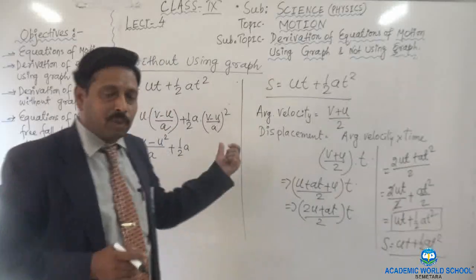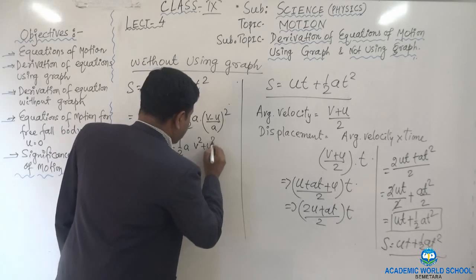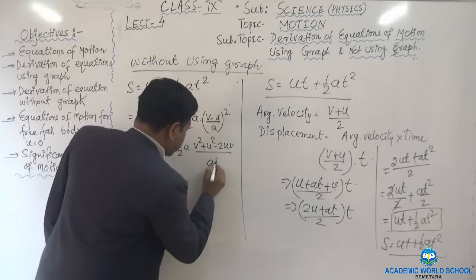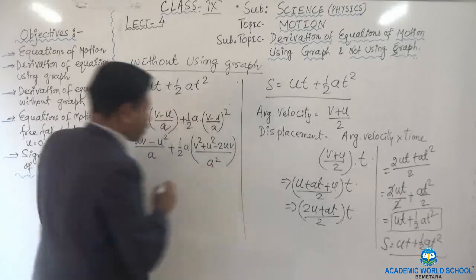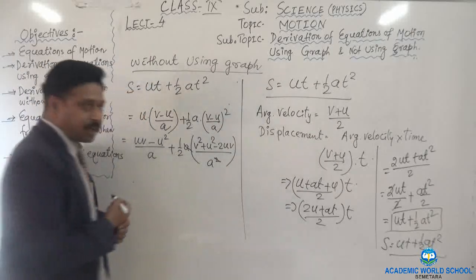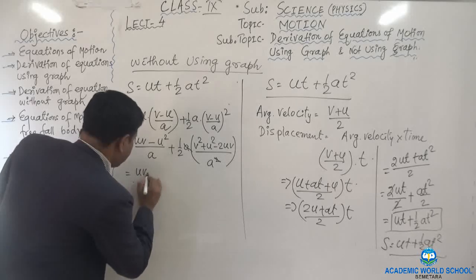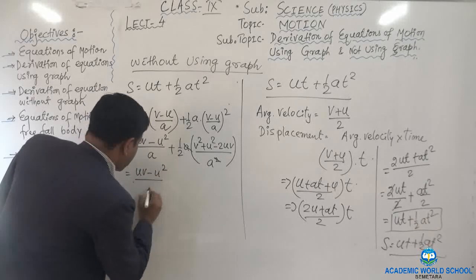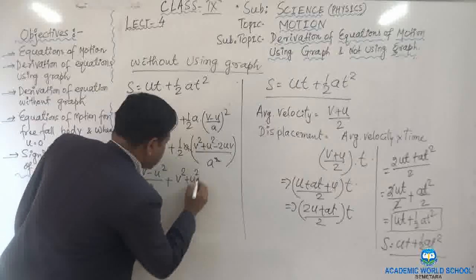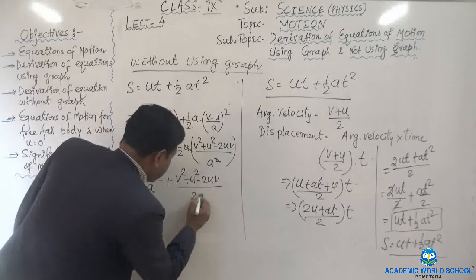Same identity you have to apply here. So it will be v square plus u square minus 2uv upon a square also. Now you see one a will be cancelled. So what will we obtain now? uv minus u square upon a plus (v square plus u square minus 2uv) upon 2a.